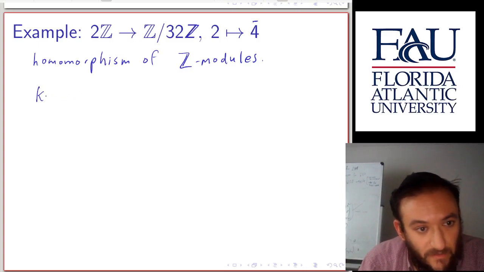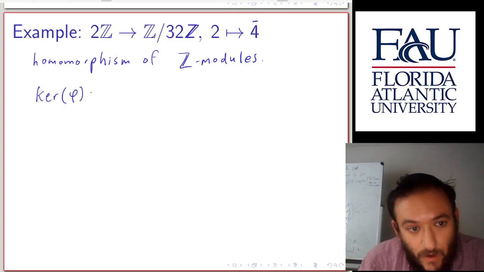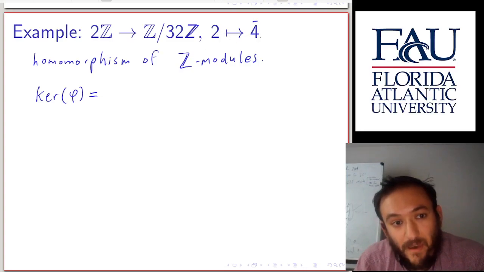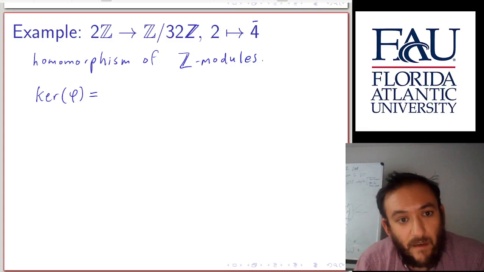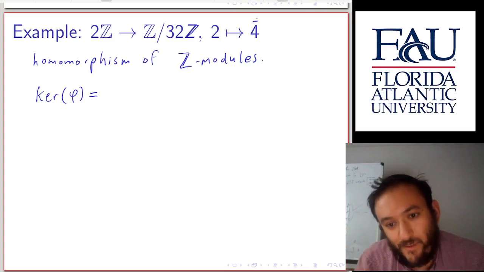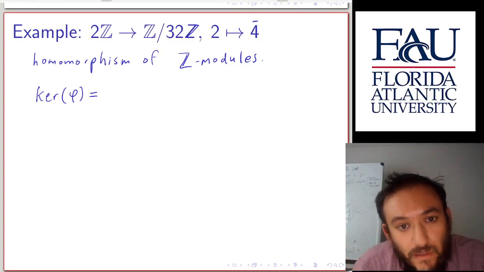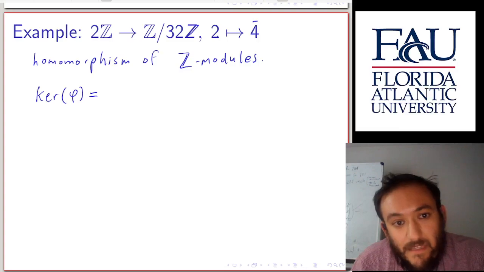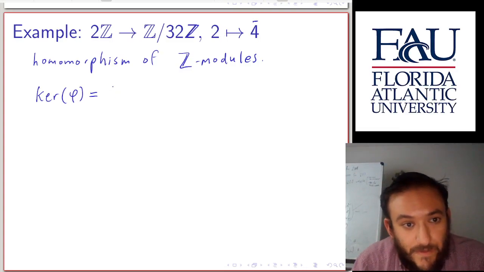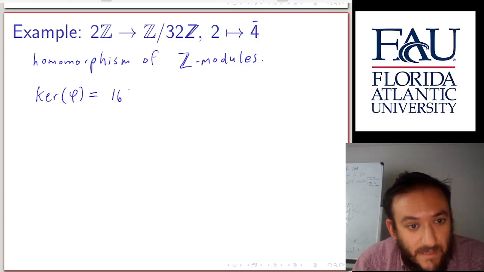So what's the kernel of this map? The kernel will be the set of elements mapping to 0. Since 2 maps to 4, and when the image is 32, that's equivalent to 0, so we'll be mapping 16 to 32. So the kernel will be 16Z. Okay.